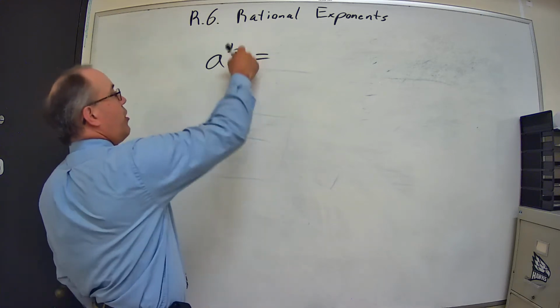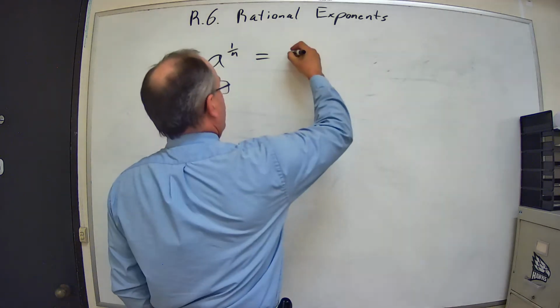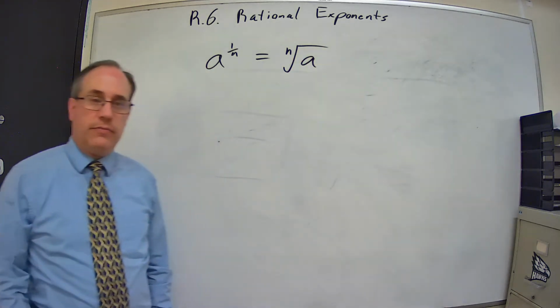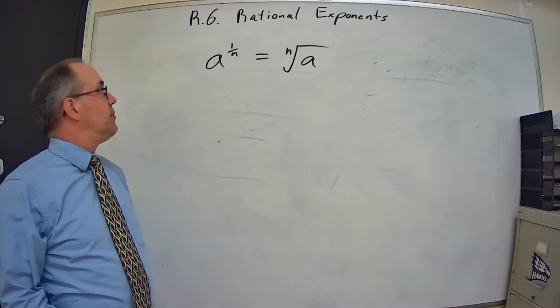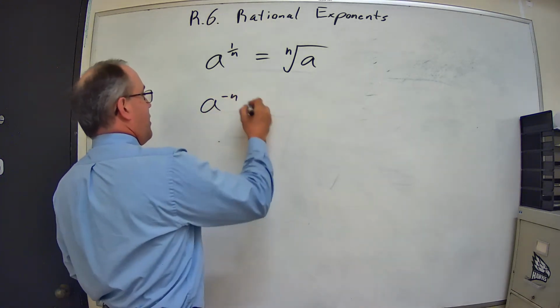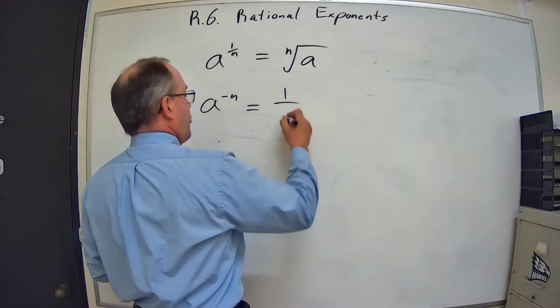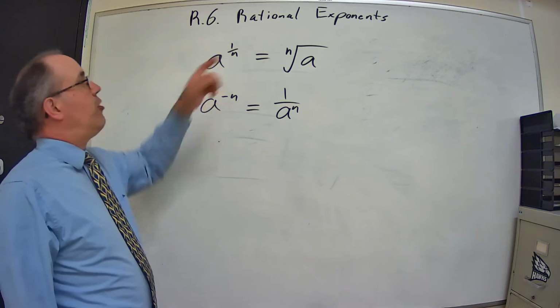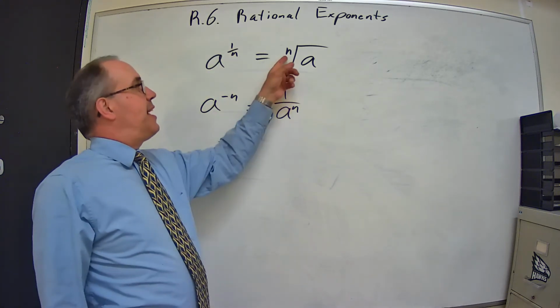So a to the 1 over n is the same as saying the nth root of a. So remember, a to the negative n was the same as saying 1 over a to the n. A to the 1 over n is the same as saying the nth root of a.